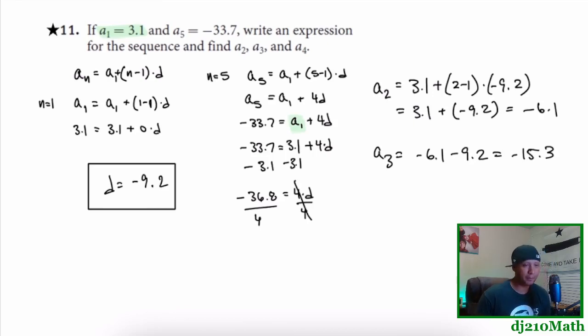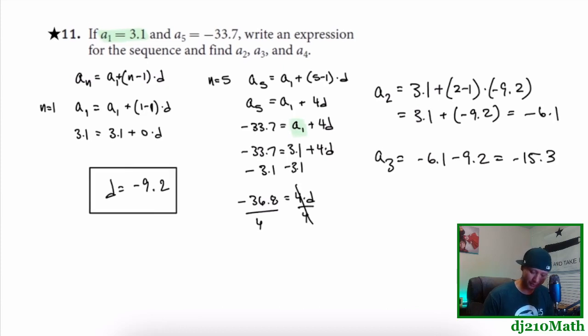Right, once you find that common difference, it's downhill from there for sure. So negative 15.3 minus 9.2. Now, as long as the difference truly is 9.2, right? I don't have a key or anything. I'm going off of faith in my own mathematical skill here.